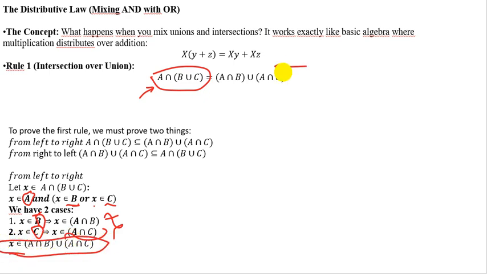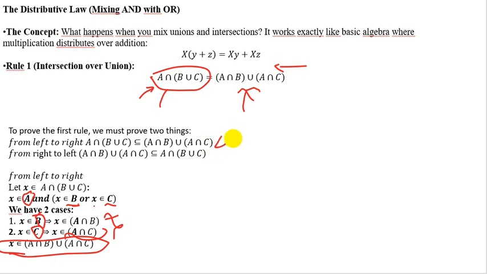So the first is a subset of this. Whatever x is in this part, we find it also here, which means this is proved.